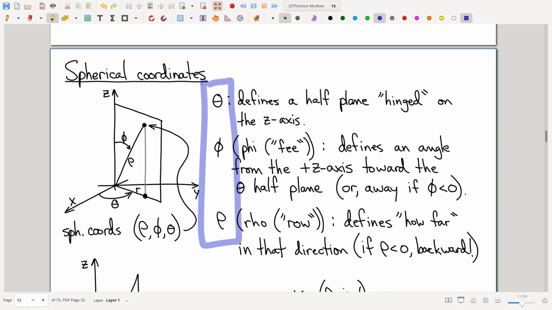Right, so I think that's super awkward. Even worse, these two angles switch. Swear to God. They call this phi, and they call this theta. Oh my gosh, okay, so that's super confusing, right?